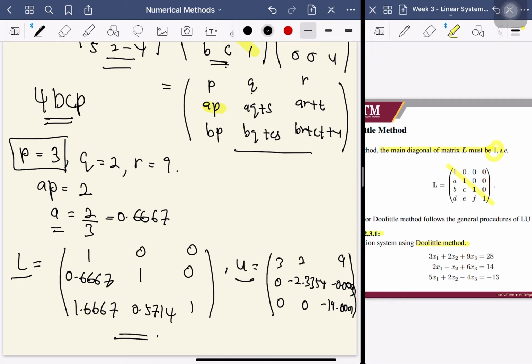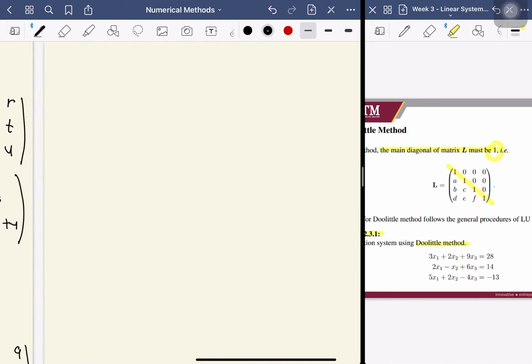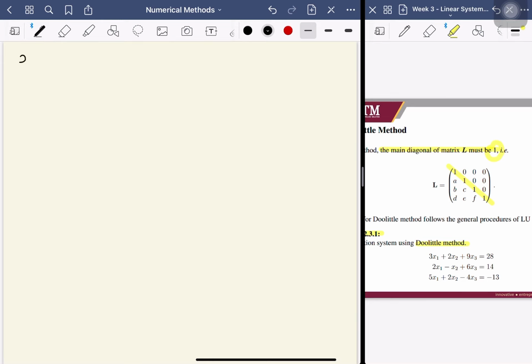Now, like I mentioned in the general procedure, we will solve Ly equal to B first. So the second part is solving Ly equal to B. Just let me write here. We already know the elements for L, and we also know B. B is given in the question, right?